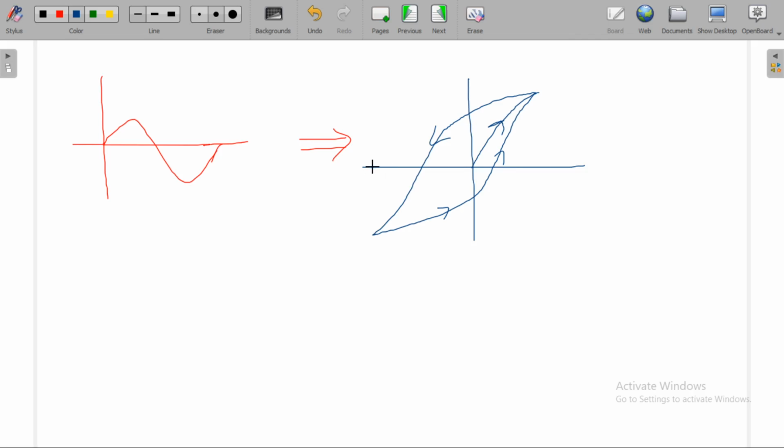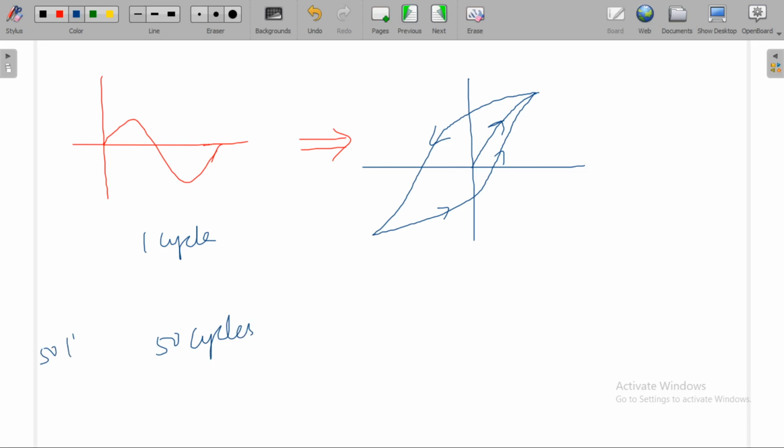If you use a 50 hertz supply, that is 50 cycles per second, then 50 loops will be formed. For one cycle, one hysteresis loop will be formed. For 50 cycles, 50 hysteresis loops will be formed.